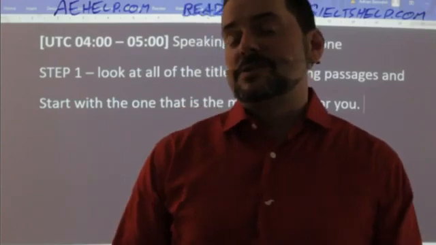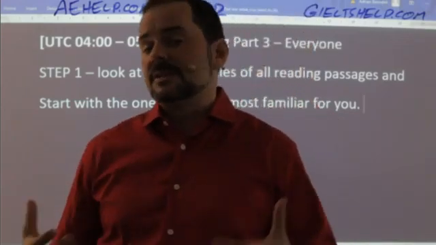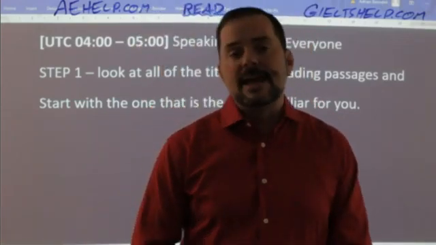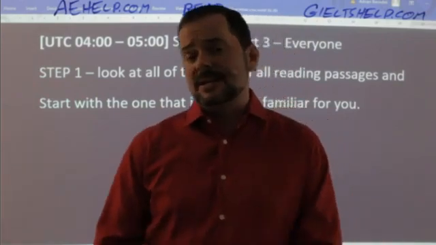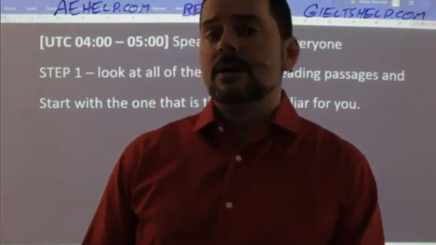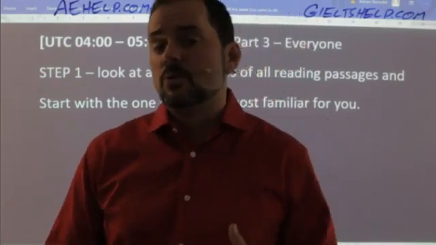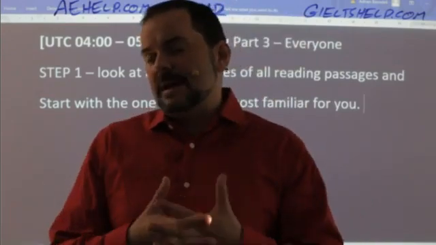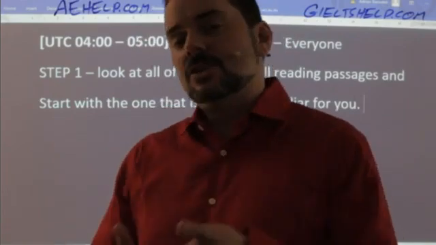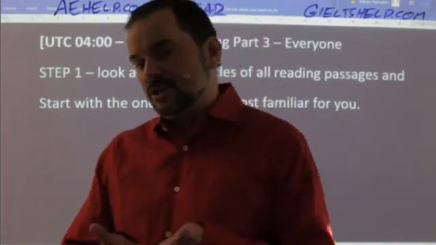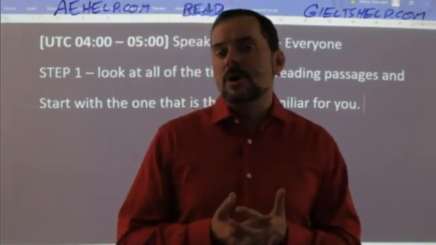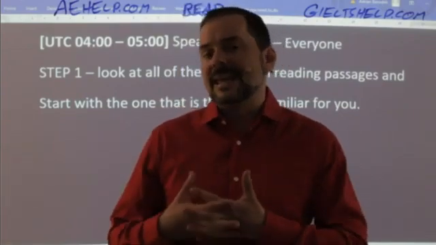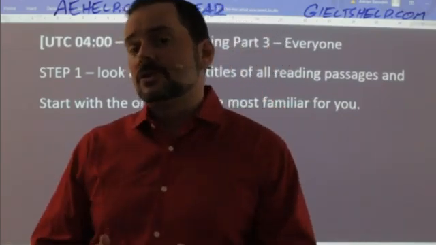Some of you study biology, some of you study physics, mathematics, and there's a chance that reading passage 2 or 3 will have a topic that's more familiar for you. Usually passage 1 is the easiest, passage 2 gets more difficult, passage 3 is even more difficult, but that's not always true for every candidate. It also depends on your base knowledge.